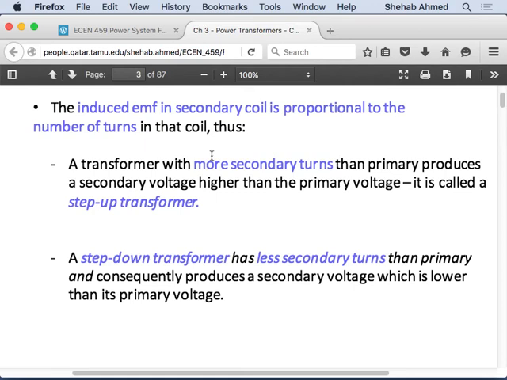So it's not just a turns ratio, right? If you want to operate at a certain voltage, there will be a certain number of turns you also have to satisfy, not just a turns ratio. Ideally, for an ideal transformer, maybe like you've solved before, you have 4 volts in the primary, you want 8 volts in the secondary, you put twice the number of turns in the secondary, and that's it, right?